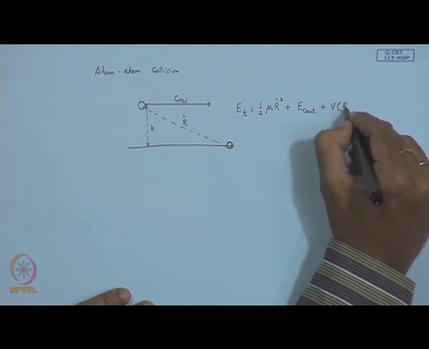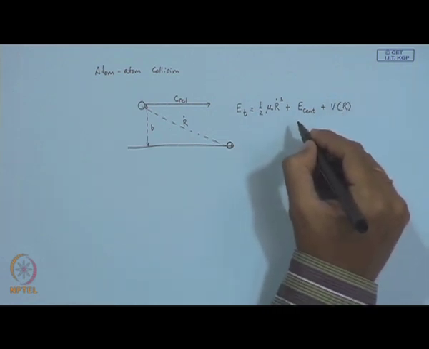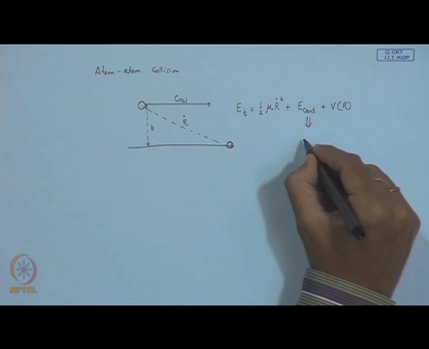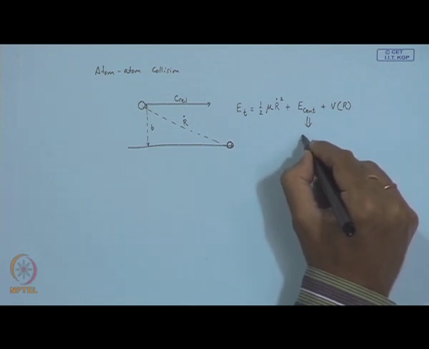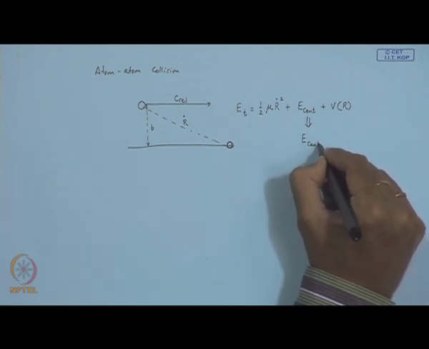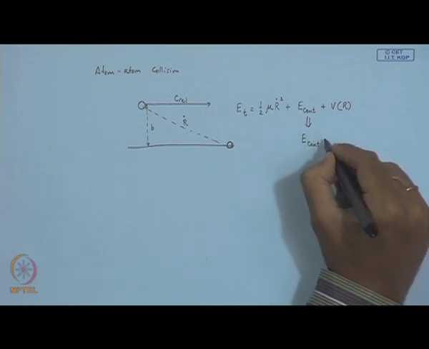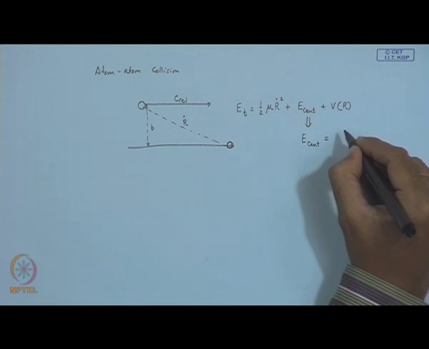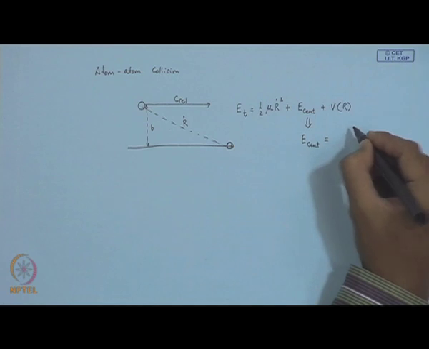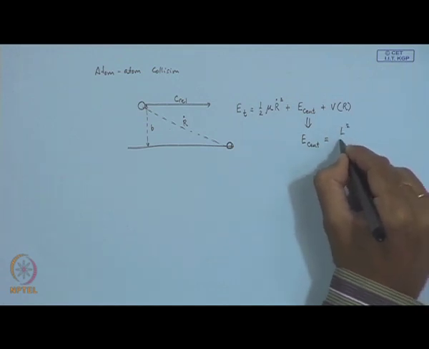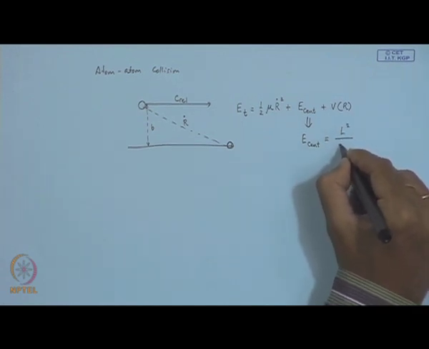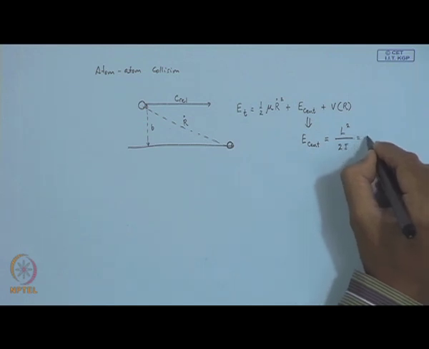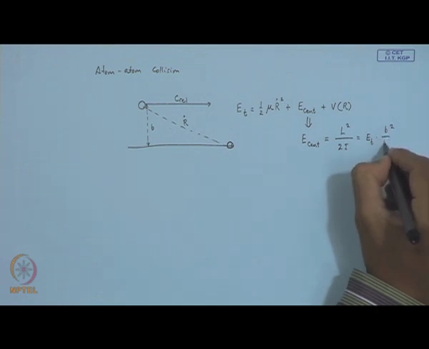The centrifugal energy is L squared by twice I, E_cent. It is related to your total angular momentum, and it can be shown to be equal to E_t times b squared by R squared.